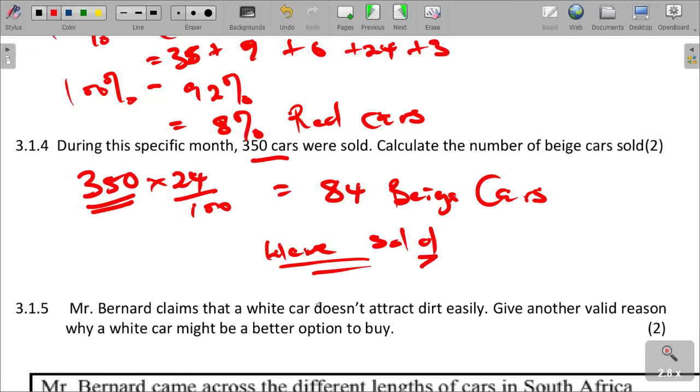That is how we do it, because the total number of cars sold was 350, and 24% of them were beige. So 24% of 350 gives us 84.